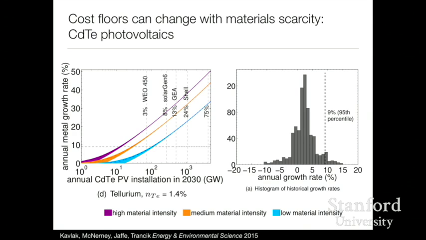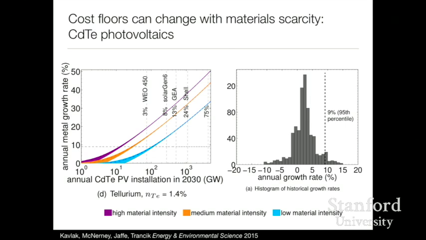So here, coming back to photovoltaics, this is another model result where I'm looking at estimating material scarcity ex ante, in the early stages of a technology's development. What we did here was to look at the raw material inputs for the active materials of cadmium telluride photovoltaic cells and try to quantify whether we expect to see any kind of scarcity constraint or scarcity effects on input prices.